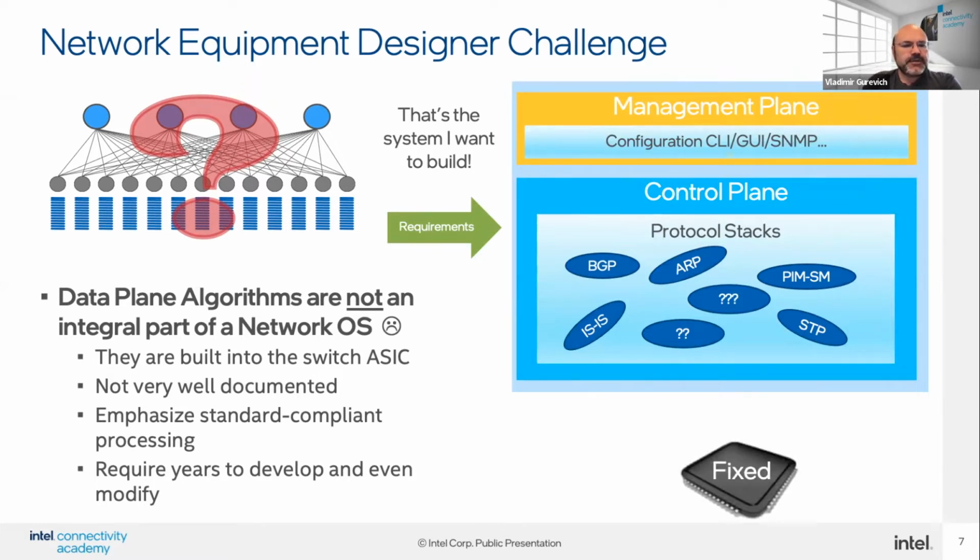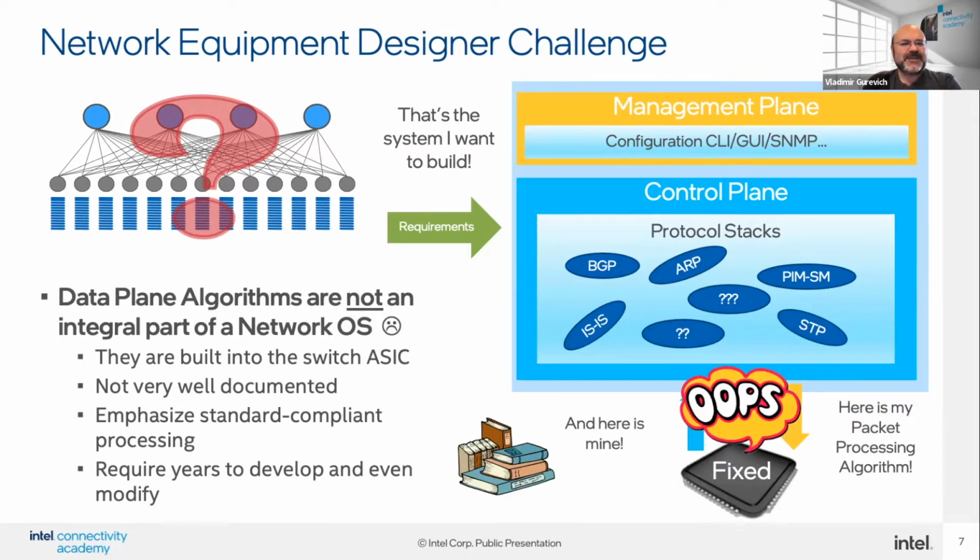Essentially, they had to use fixed function ASICs, which were very fast and could do things very quickly and at high performance, but they only had a fixed set of algorithms that were basically baked into the silicon. So anytime you wanted to ask this chip to do something unusual, something non-standard, basically the chip would say no. It will point you, or the engineers will point you, to a set of data sheets which explain what kind of algorithms were put into the silicon. And besides what was there, nothing could be done.